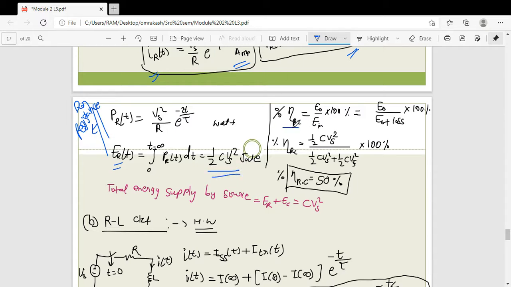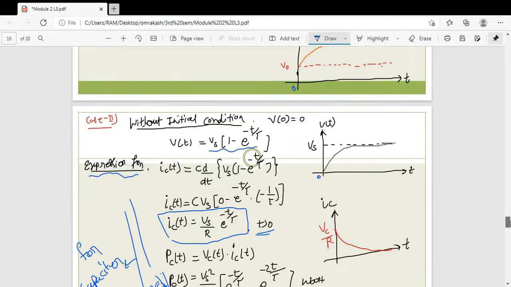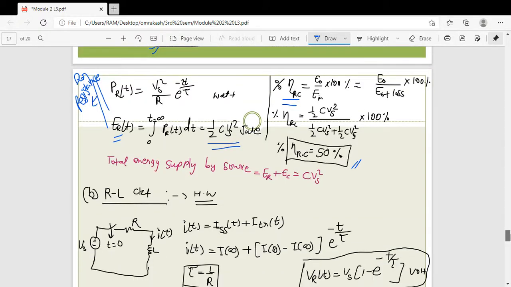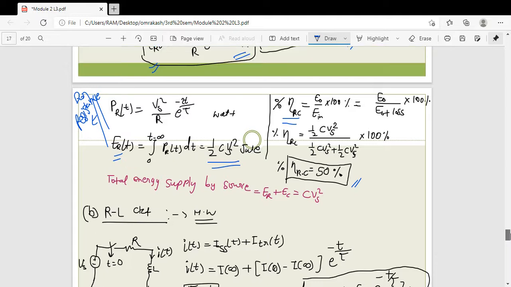When you take the efficiency of this RC circuit, it is simply E output upon E input, which you can also define as E output upon output plus losses. Put in all the parameters and you will get the efficiency of your circuit as 50%. So the efficiency of this RC circuit is 50% in terms of energy consumption, right?